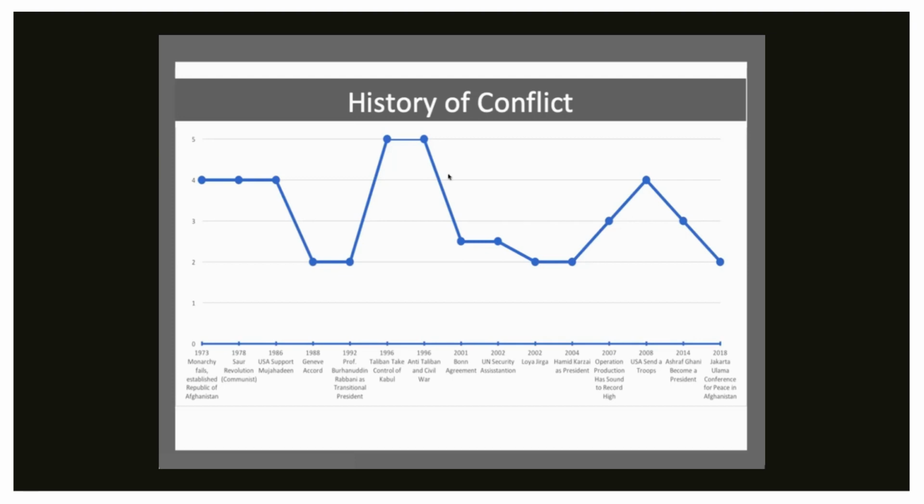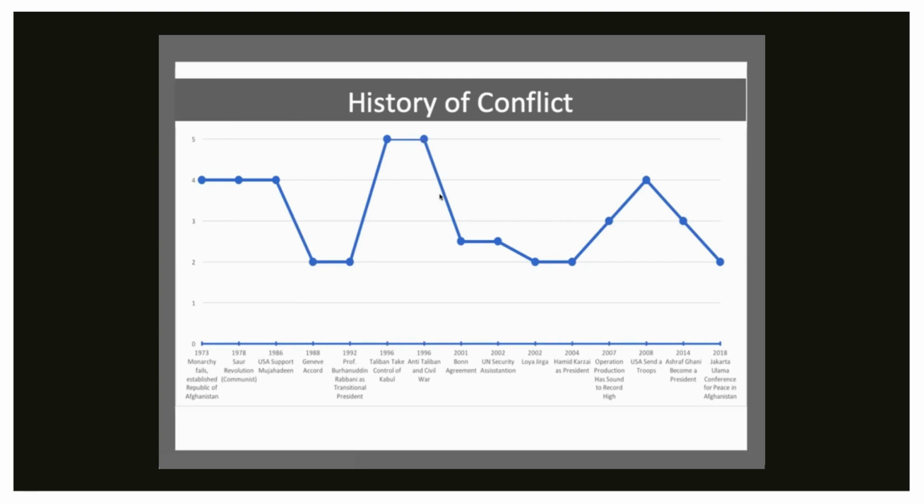But we can see the conflict became bigger and became the most violent in the Taliban era, what we call the civil war in Afghanistan, in 1996, when the Taliban took control of Kabul.